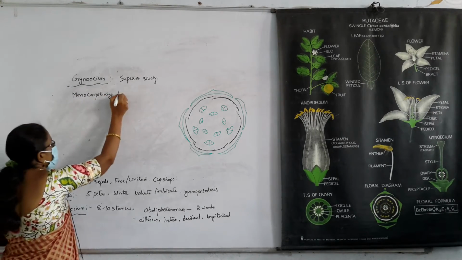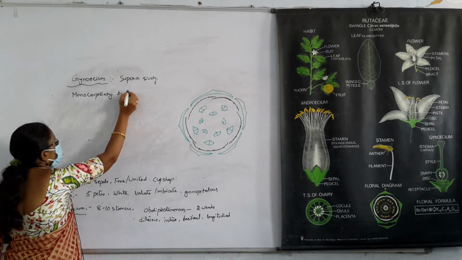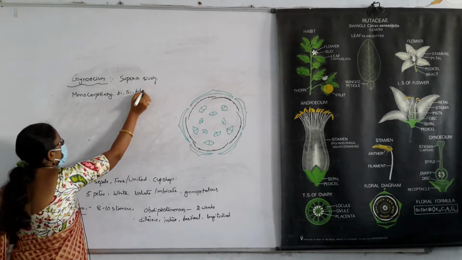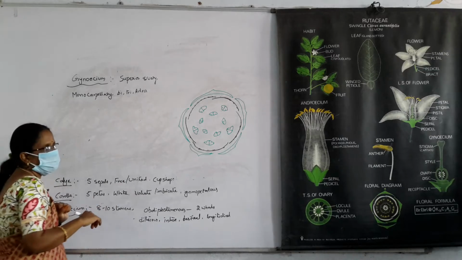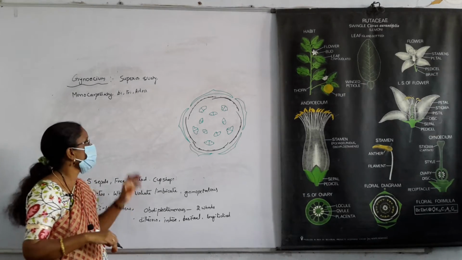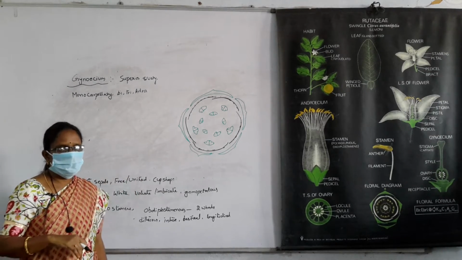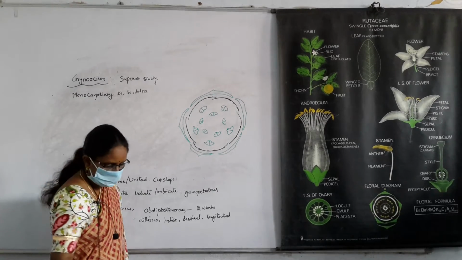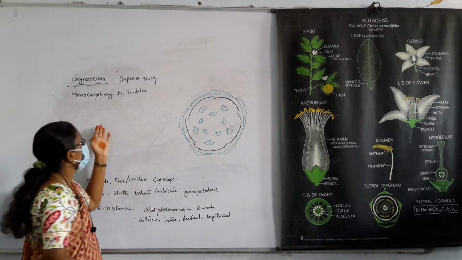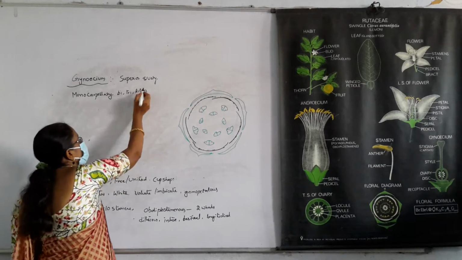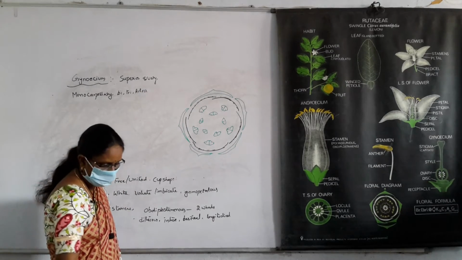It can be monocarpellary, bicarpellary, tricarpellary or tetracarpellary, that means 2, 3 or 4 carpels are also present, with a superior ovary.